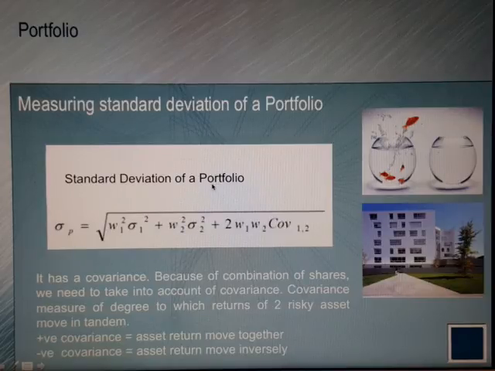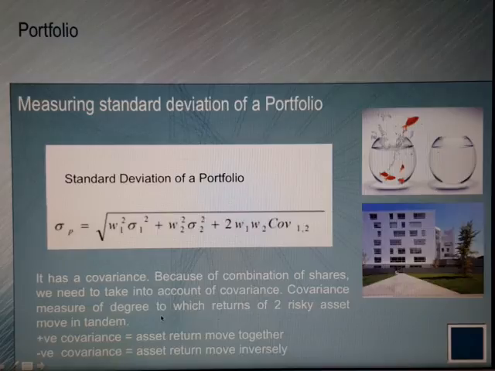Remember, a portfolio is a combination of investments now. When you talk about a portfolio as a combination of investments, we cannot use the formula which we learned just now. It's more for a single asset. For a portfolio, when you have two assets, we also have to look at the relationship between each investment.